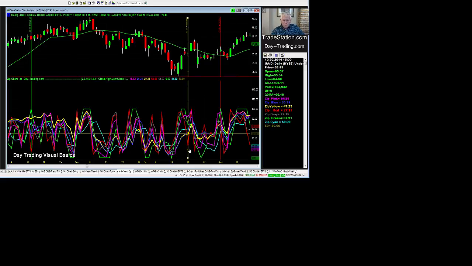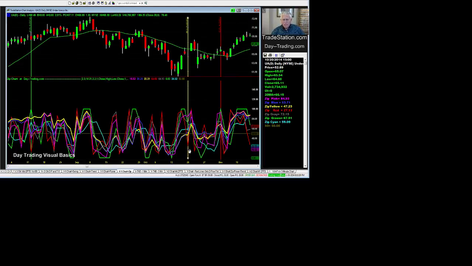And now remember the rules of the red spike. You normally have a red spike when the zip yellow and blue are real high. In this case they're not real high, but you don't hear me talk about it too much. The zip pink is very high.